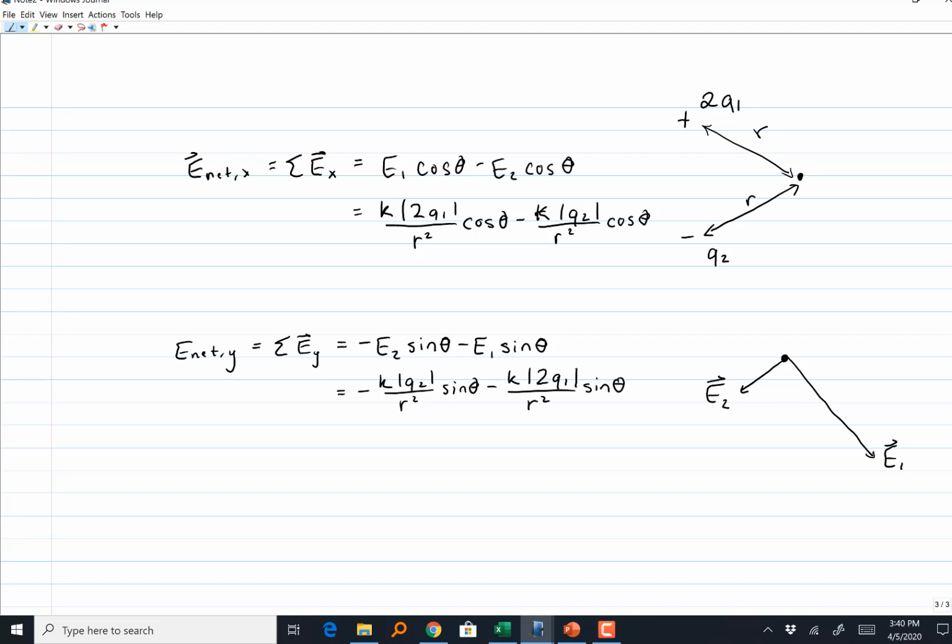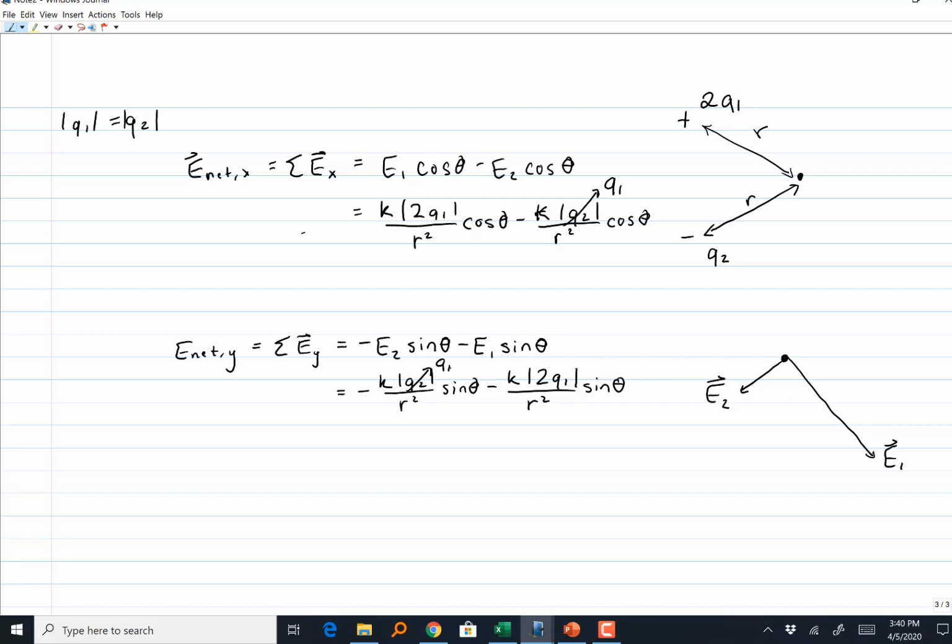Now I've left each of these in terms of Q1 and Q2 because we're holding on to this idea that the absolute value of Q1 is equal to the absolute value of Q2. And this is going to allow us to simplify this. So I'm going to put each of these in terms of Q1. So this Q2 in both of these I'm going to replace with my variable Q1 because it's the same magnitude.